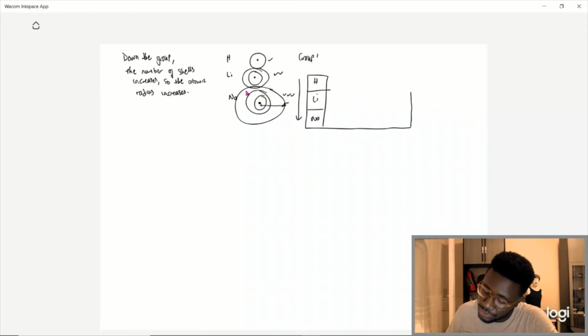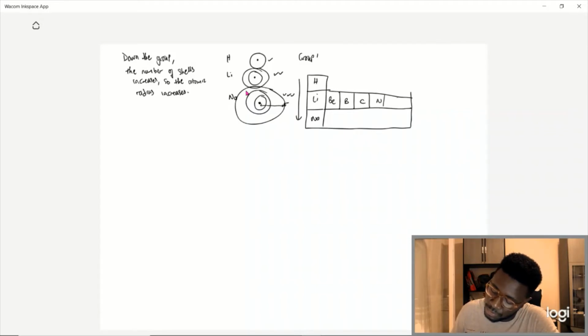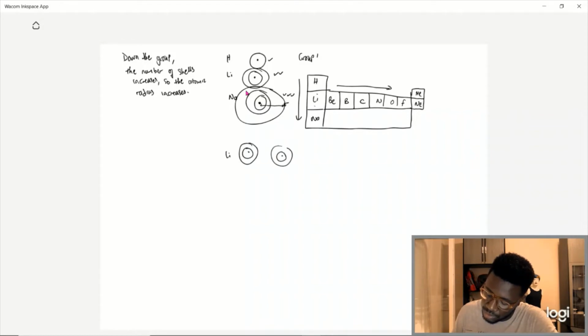Okay, what about across the period? Across the period, we have the same number of shells between lithium, beryllium, boron.